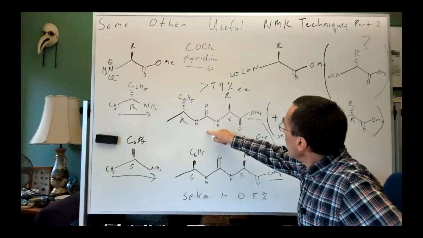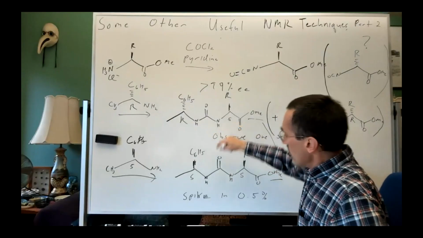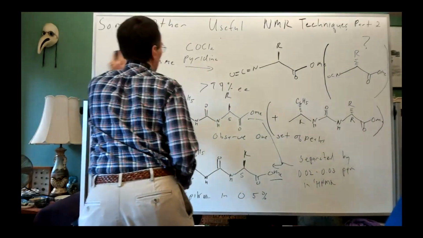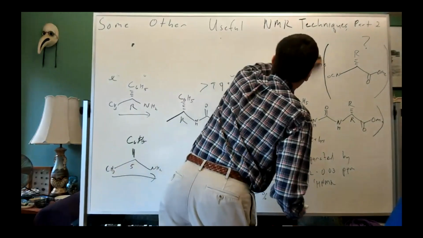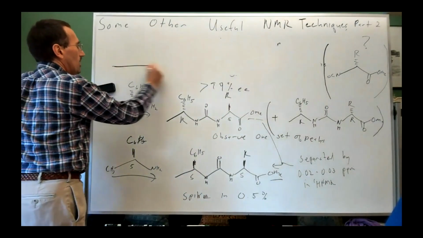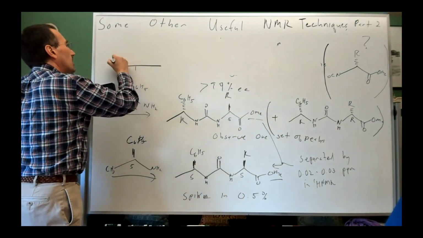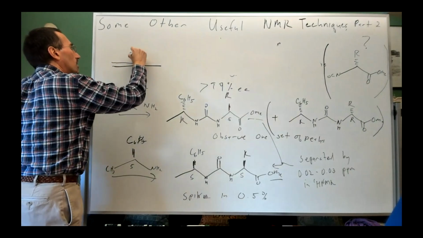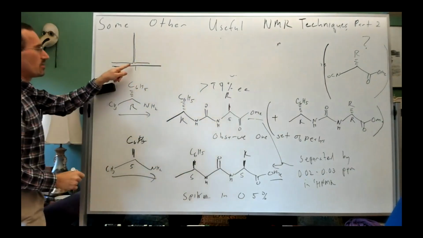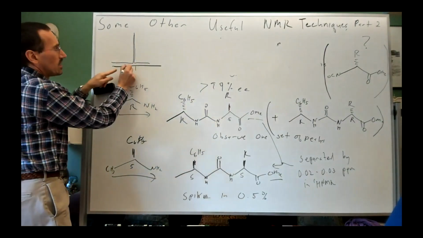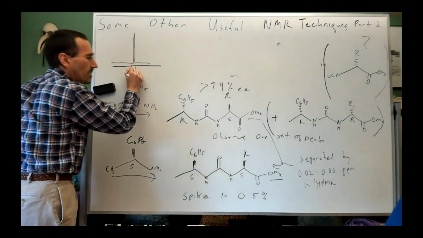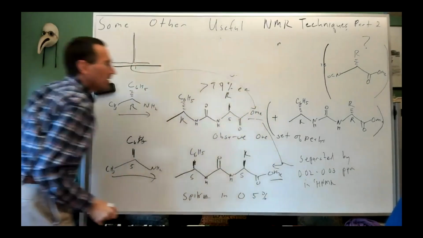Okay, so what we saw in the NMR spectrum, so let me erase the top line. All right, so what we see in the NMR spectrum is basically a big methoxy group and nothing else, right? You know, this would be about 3.4, 3.3 ppm. So that's what we see over here.